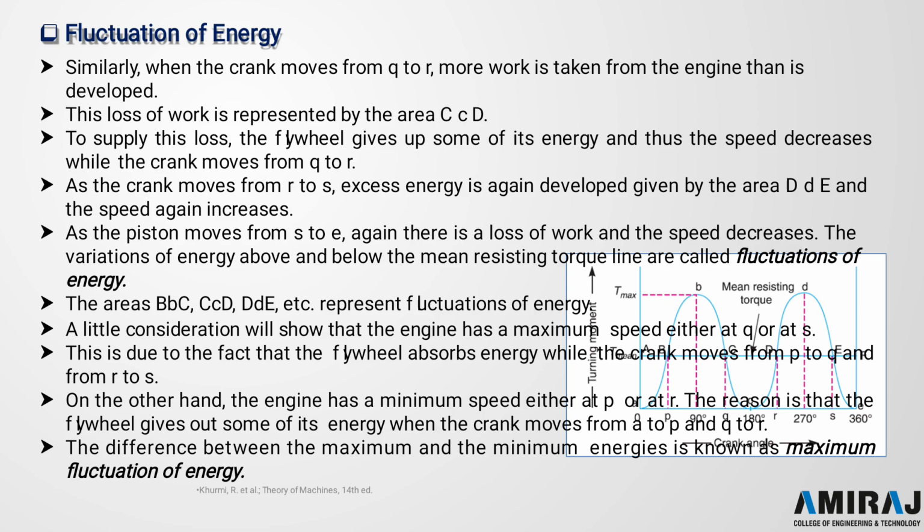So fluctuation of energy is nothing but the energy above and below the mean resisting torque line. We have an average value for each energy system, so that average energy level stored in the engine lies between the positive and negative areas about the mean torque line. This is fluctuation of energy.